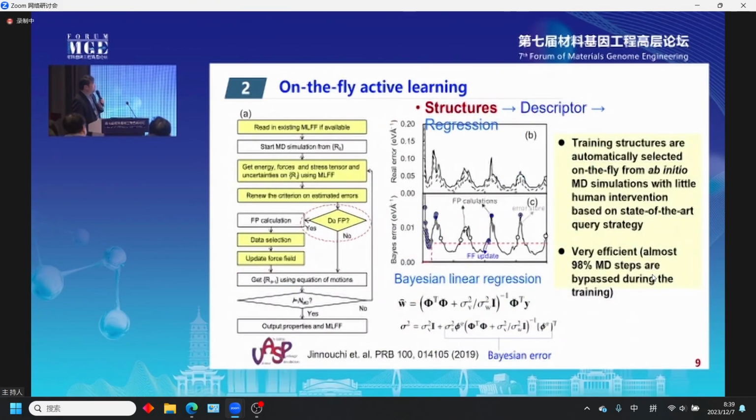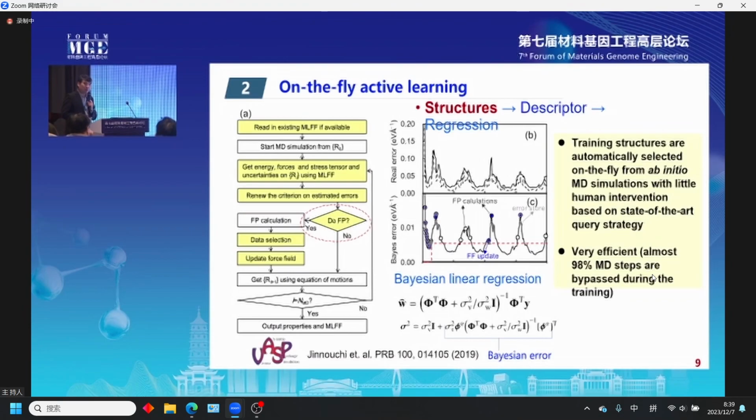Here, I want to mention one thing: we call it on-the-fly active learning within the VASP code. In the VASP code, during the past few years, we have developed this kind of on-the-fly machine learning framework, which combines with AIMD simulation. The training structures are automatically selected on the fly from the ab initio simulation.